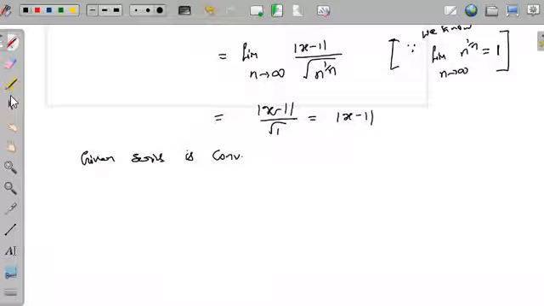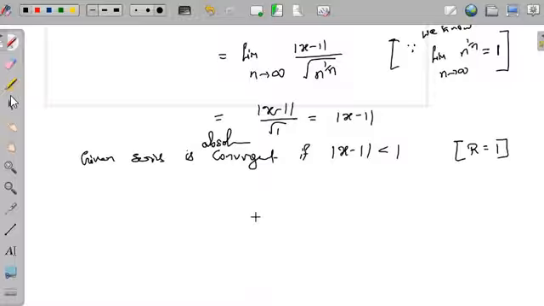So we know that the given series is convergent, absolutely convergent, if mod x minus 1 is strictly less than 1. So the radius of convergence is R equal to 1.